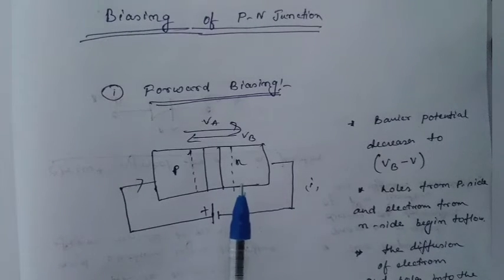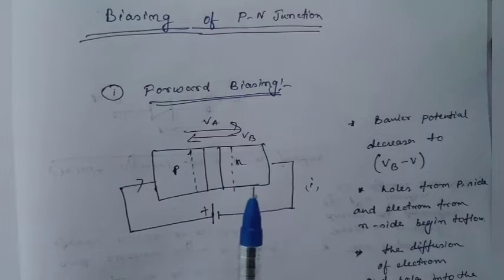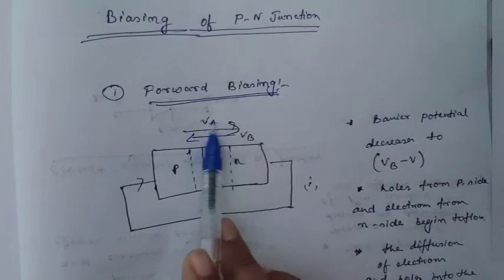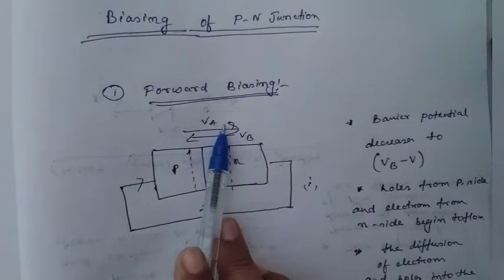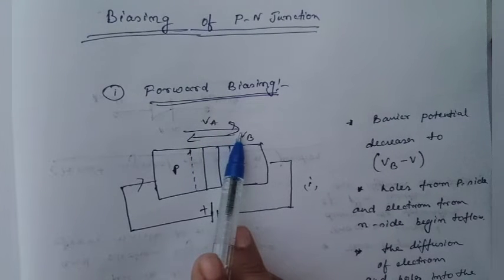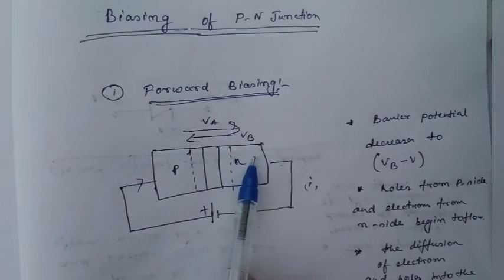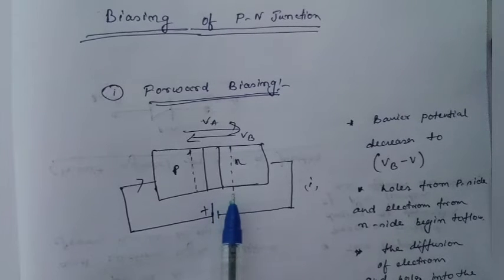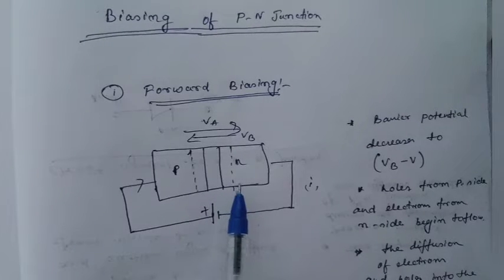Here what happens, the applied voltage, that is VA, opposes the barrier potential, that is VB. As a result, the effective barrier potential decreases, and hence the energy barrier across the junction also decreases.